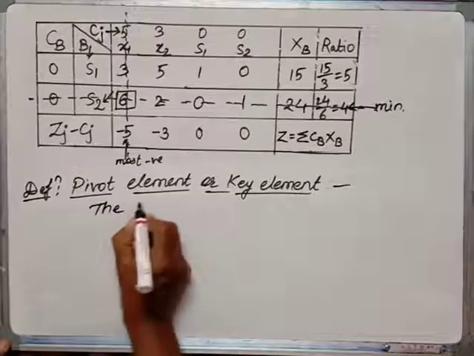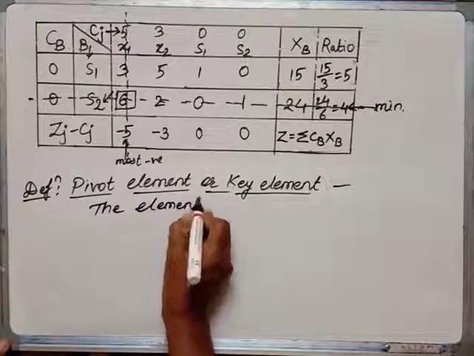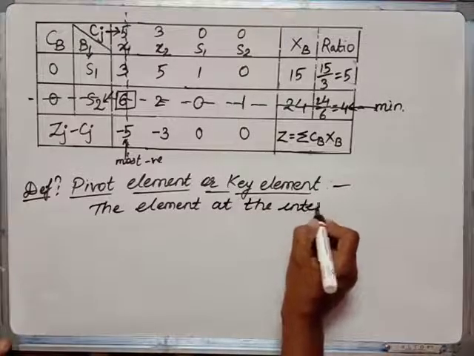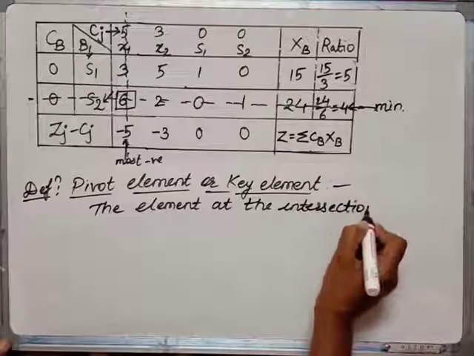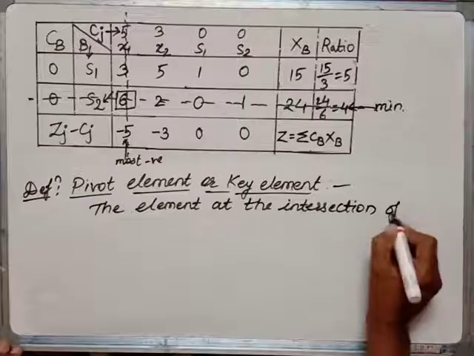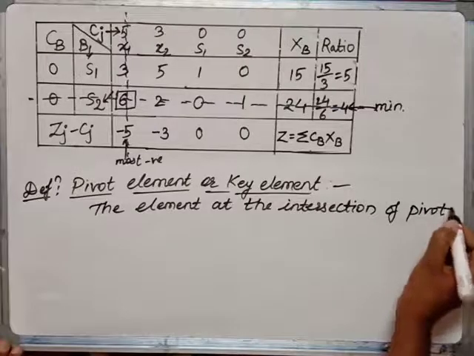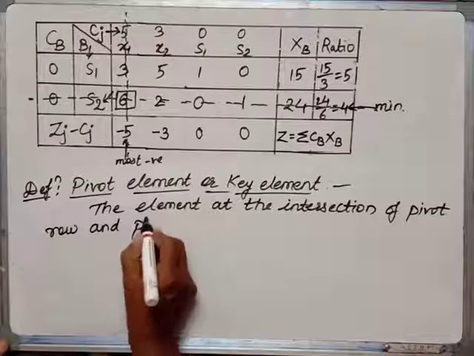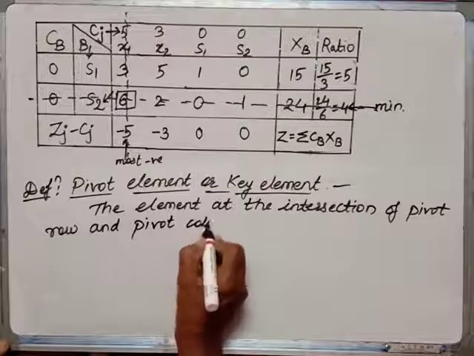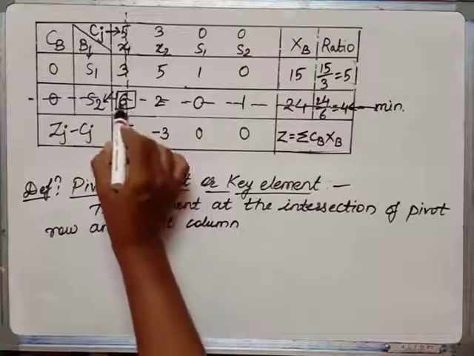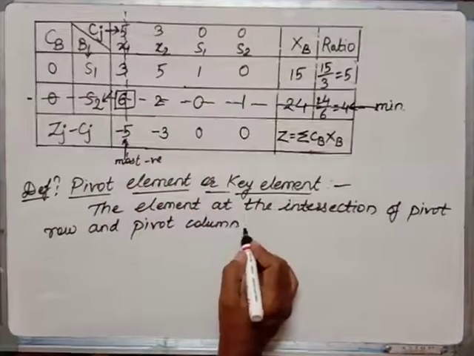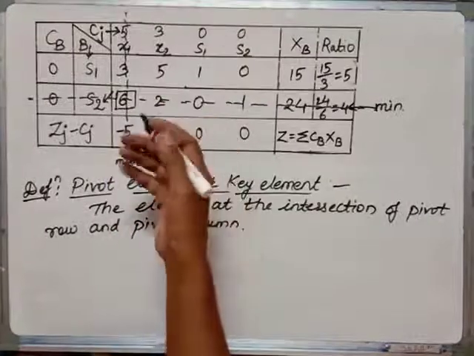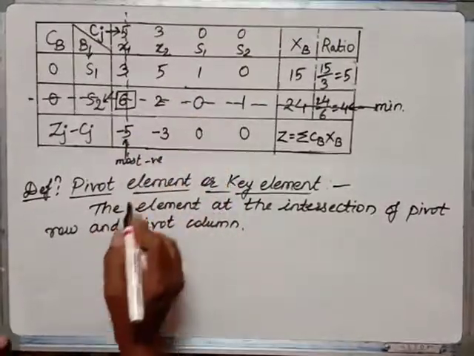Definition: the element at the intersection of pivot row and pivot column. Means here this 6 is our pivot element. Now this element plays a very important role to get our next table, or the improved table if required.